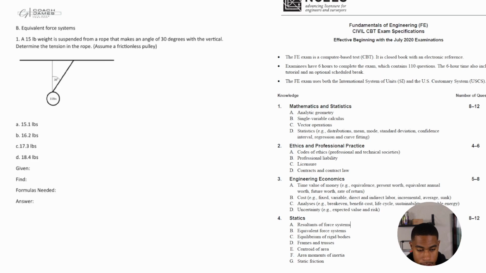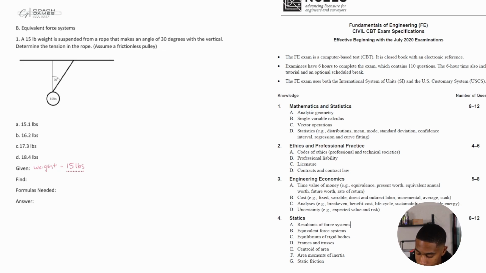Okay. I always like to start by trying to figure out what information they give me and what I am trying to solve for. So, what am I given? Well, definitely the weight of my object. They let me know that my weight is 15 pounds. What else?